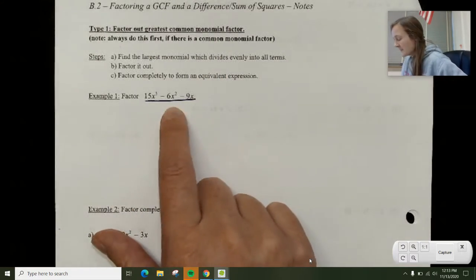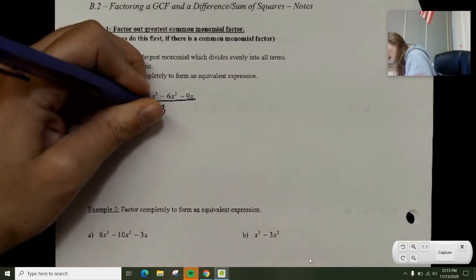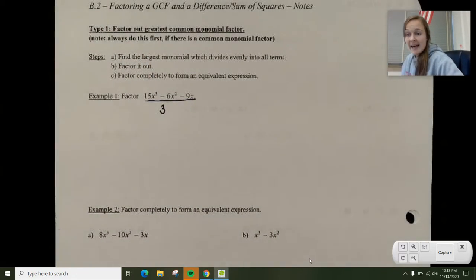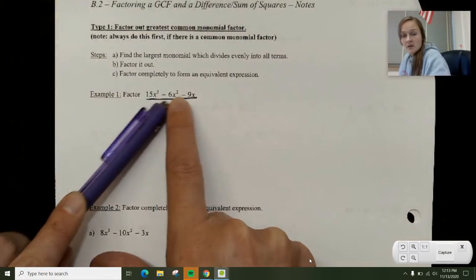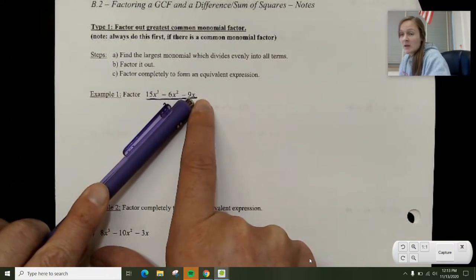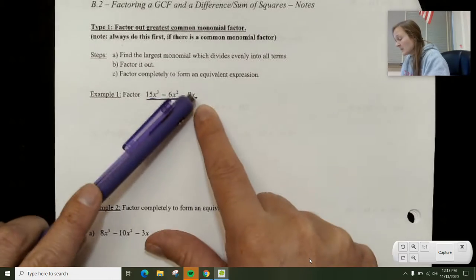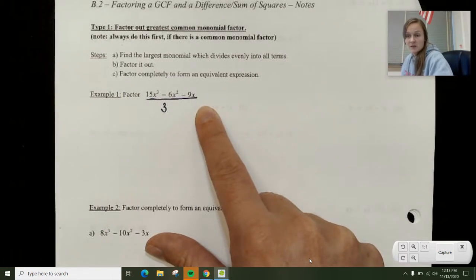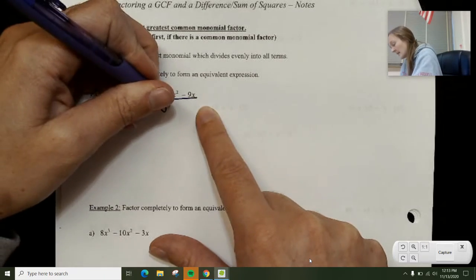The numbers 15, 6, and 9, those are all divisible by 3. The x's, I'm looking at the most amount of x's that I can take out of each term. So there's 3 to give here, there's only 2 to give here, and there's only 1 to give here. So I could feasibly take 1 x away from each of these terms, and I wouldn't be overdrawing from any of the terms. So I can take out 3x.